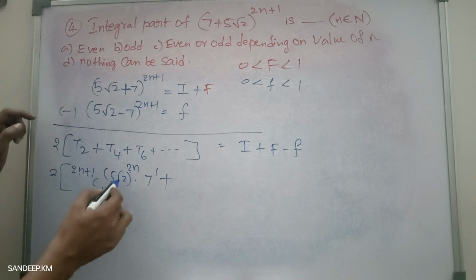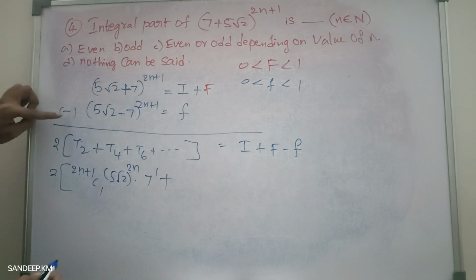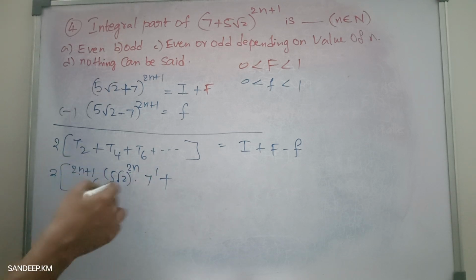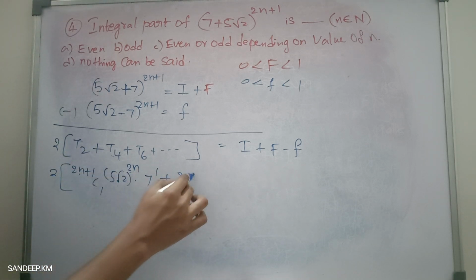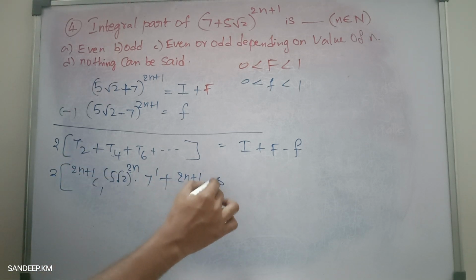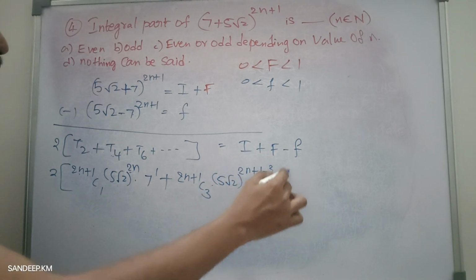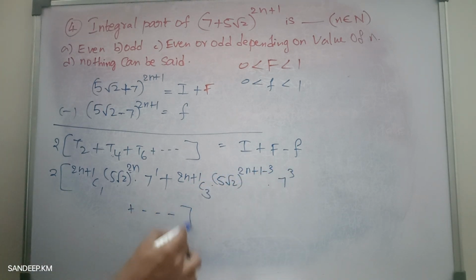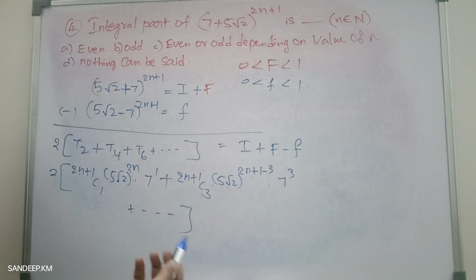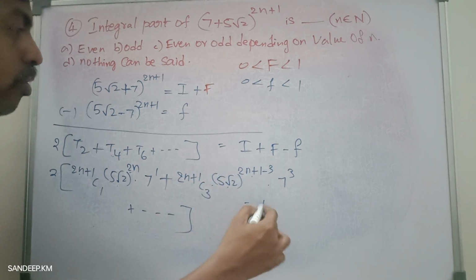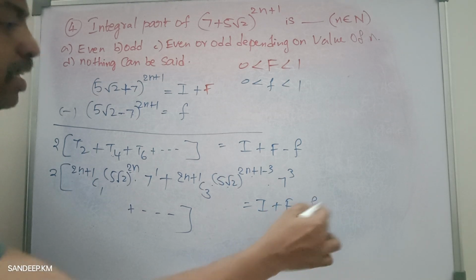In case the root is not getting cancelled, then change the sign here. So anyhow, we can comfortably continue. The fourth term is 2n+1 C3 into (5√2)^(2n+1−3) into 7^3 and so on. So in all the terms, the root will be cancelled because the power of the root is an even number. And on the right side we have capital I plus capital F minus small f.